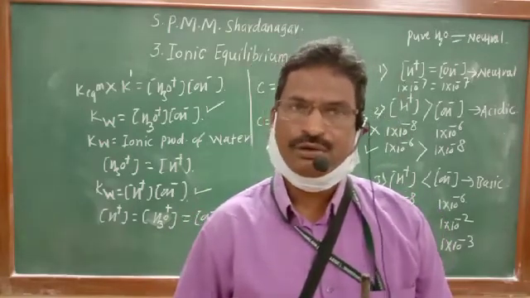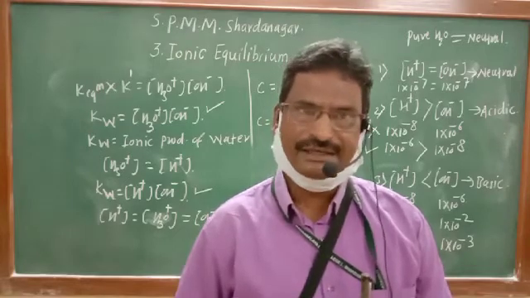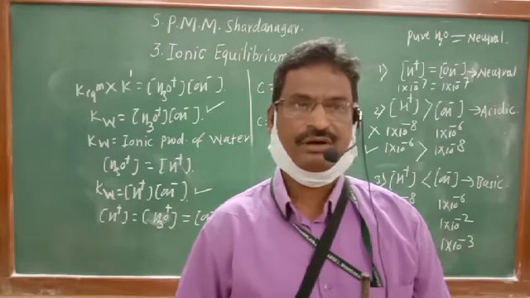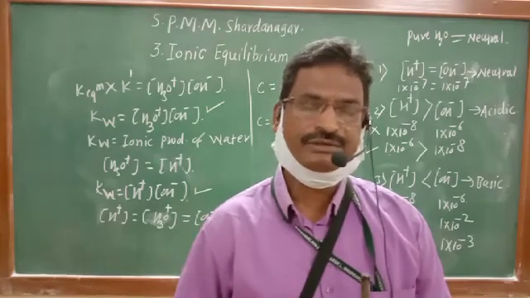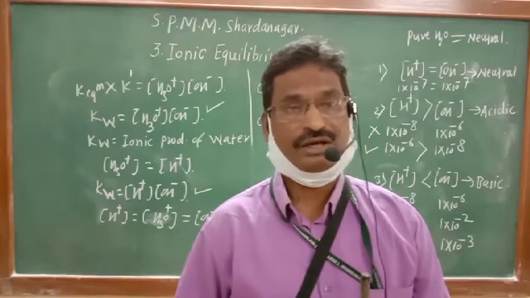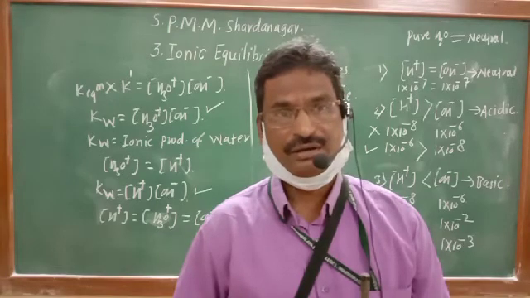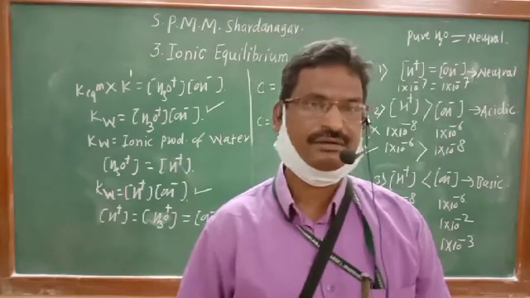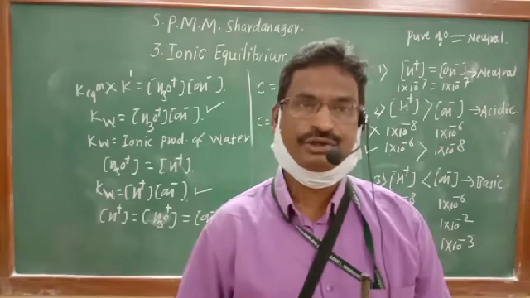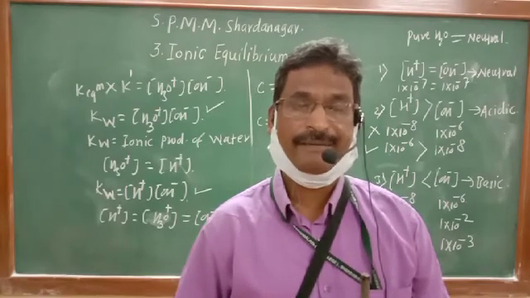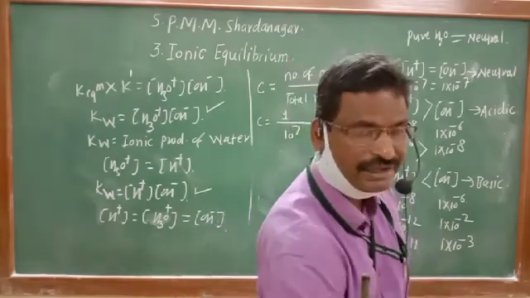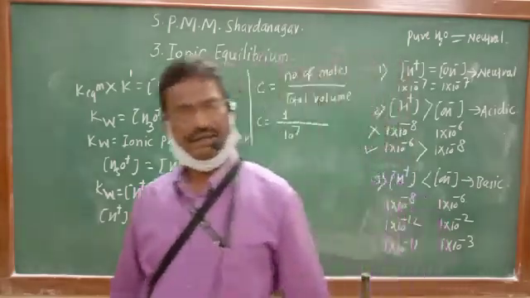But in order to compare two acidic solutions or the strength of two basic solutions, the concept given by Sorensen in the year 1909, that is the concept of pH and pOH scale, is applicable. That we will see in the next lecture.